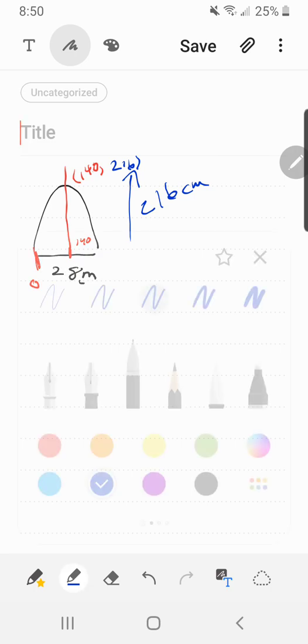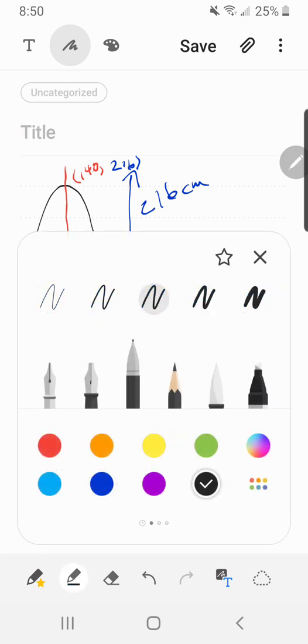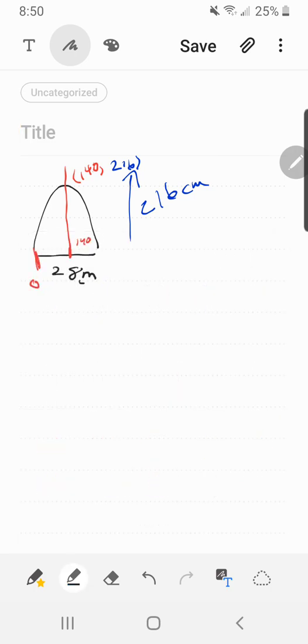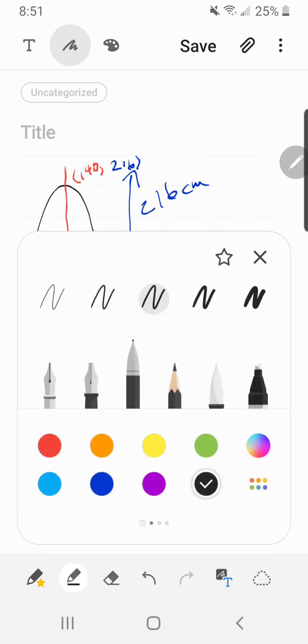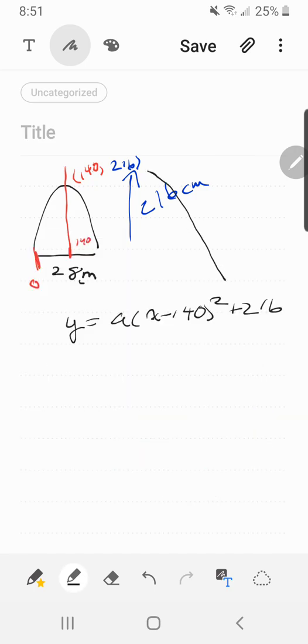So now when we do our problem, we're going to use that for our vertex. So we're going to have y is equal to a times (x minus 140) squared plus 216.